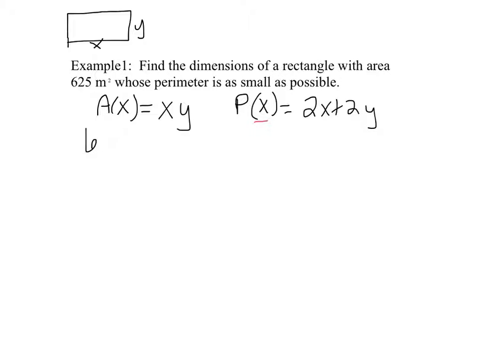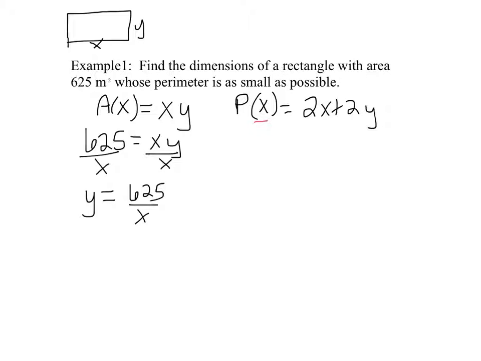Since the actual area is 625 meters squared, and that is found by xy, we can solve this for y very easily. I simply divide both sides by x, and I have that y equals 625 divided by x.